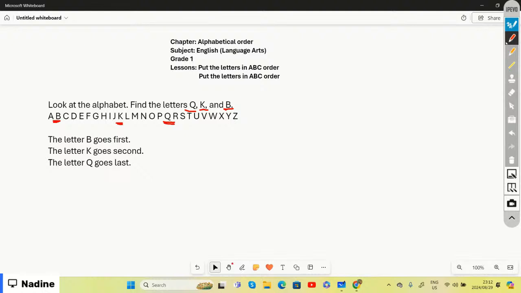All right. So when we talk about alphabetical order, we literally just talk about saying the whole of the alphabet, which is anything from A right down to Z. And in the alphabet, we have 26 letters. So there are 26 alphabetical letters.